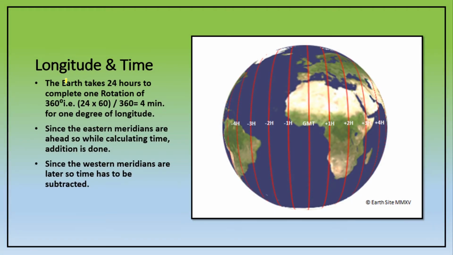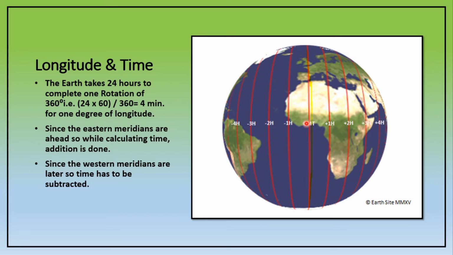As far as longitude and time are concerned, we have the Greenwich Mean Time over here, which is the 0 degree longitude. And you can see over here, as one moves towards the east, the time is ahead. This part is to the east of this area, so it has a time about 1 hour ahead of the time over here.